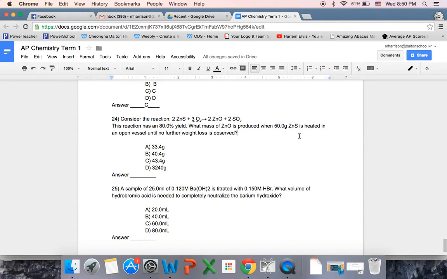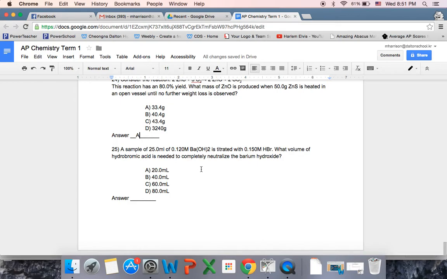It's about 50%. We can tell that this is coming close to 40, so we're tempted to put down B. However, the reaction only has an 80% yield, so it doesn't work to the true theoretical value, which means that we then have to multiply our 40 by 80%, giving us an answer of A.